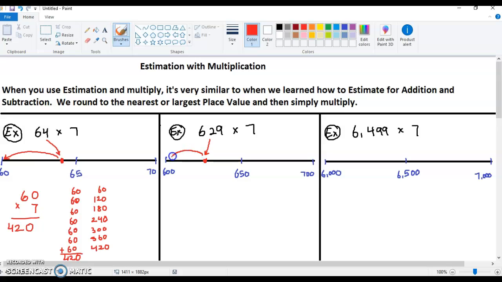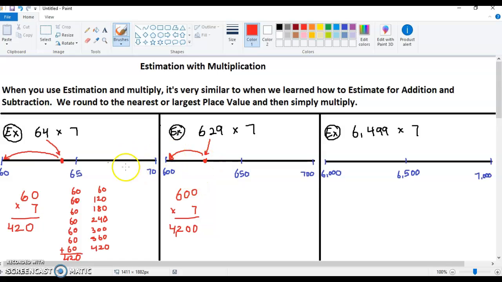And when you look at that, you can tell that it's much closer to 600. So now, instead of having 629, we can estimate and say that's closer to 600 times 7. And again, we know from our previous calculations that 7 times 6 is going to be 42. And because we're multiplying by a number in the hundreds place value, how many zeros do we have? We have 2 zeros. So if you have the number 600 7 times, you're going to arrive at 4,200.